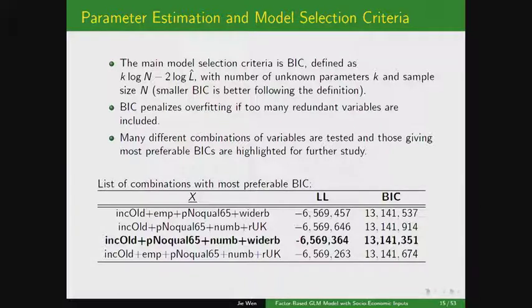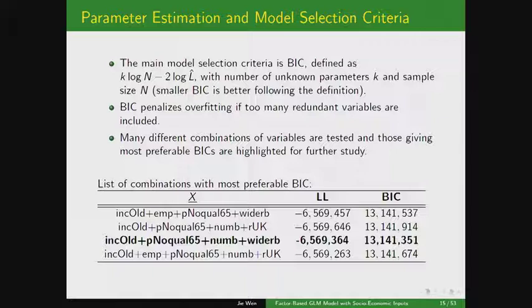K is the number of unknown parameters, and n is the sample size. So this criterion penalizes over-parameterization. If a model has too many parameters, it will be penalized by the k term. Following this definition of BIC, models with small BICs are considered to be better than others.